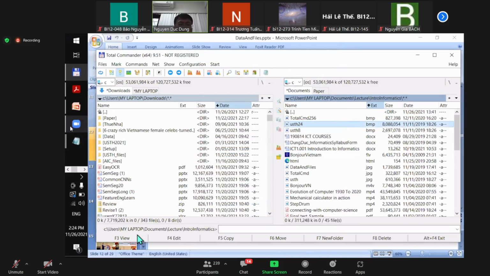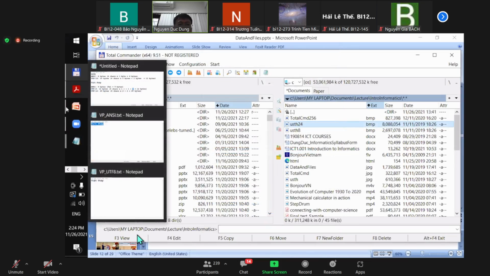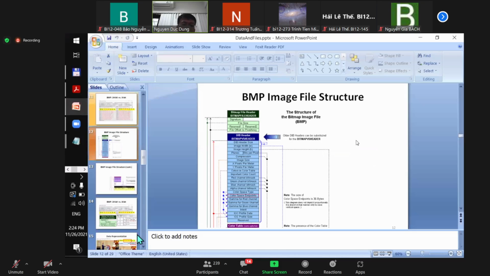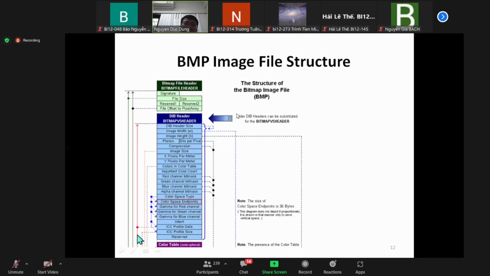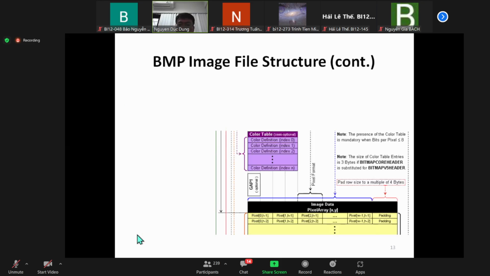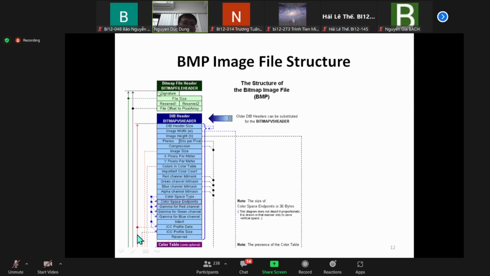Actually, the Total Commander program reads the metadata in the bitmap file header. In the bitmap file header, we can see that the first 2 bytes are for the signature.